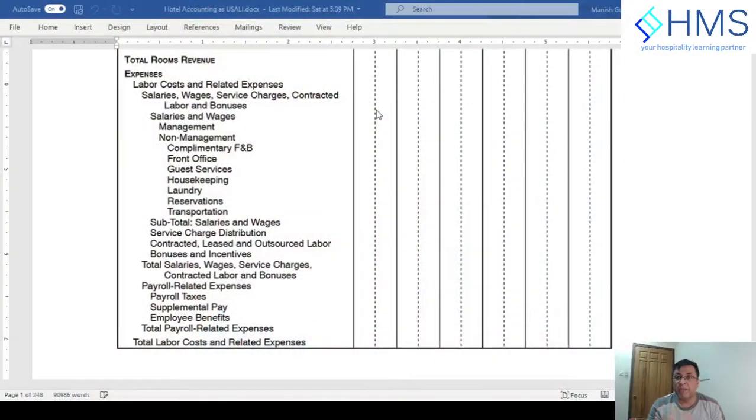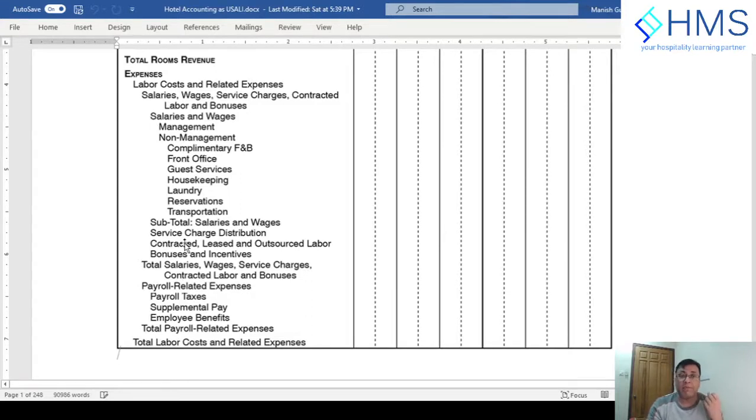The labor cost has further been divided into some categories, which you will see now on the screen, which shows you that the labor cost is basically total labor cost, which is called salary, wages, and service charge, plus the non-payroll related expenses and some other contract labor costs and other.